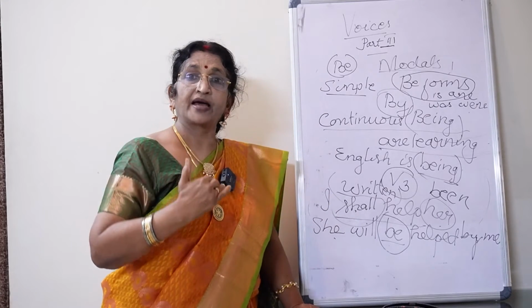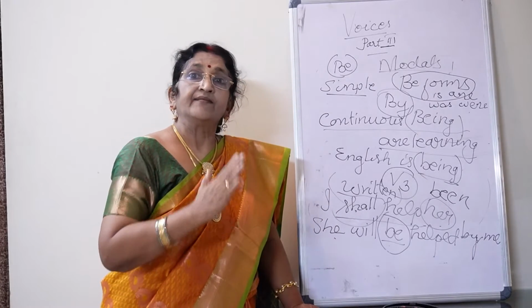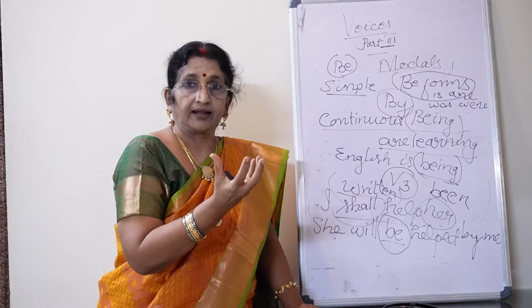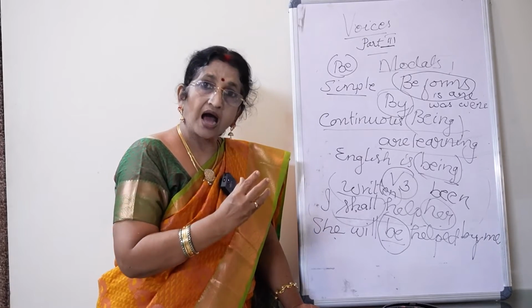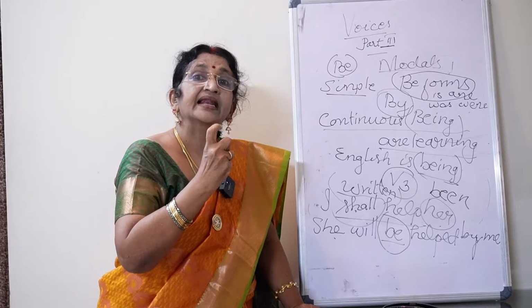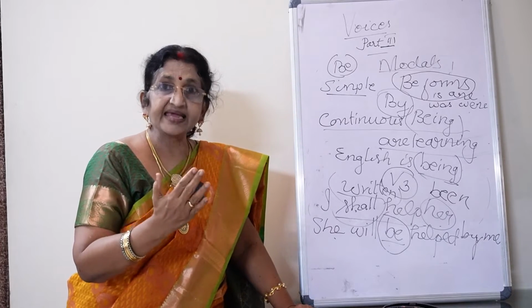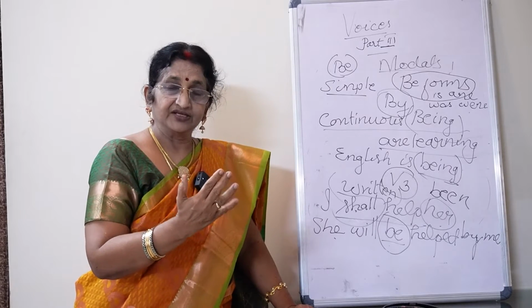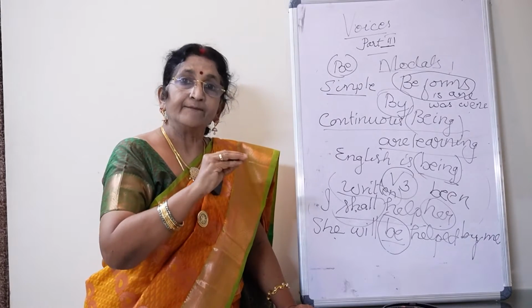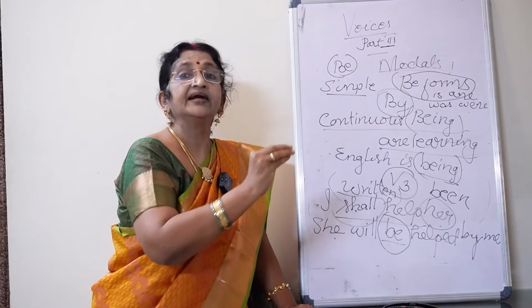When you change it into passive voice, what happens? The bones are being bitten. Bite, the third form is bitten, B-I-T-T-E-N. So the bones are being bitten by the dog.